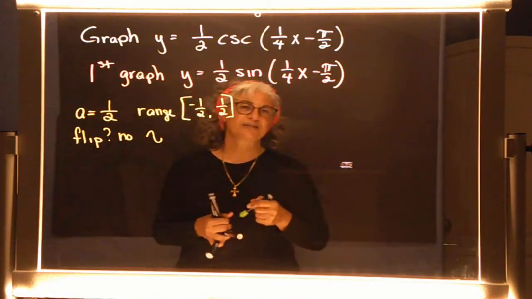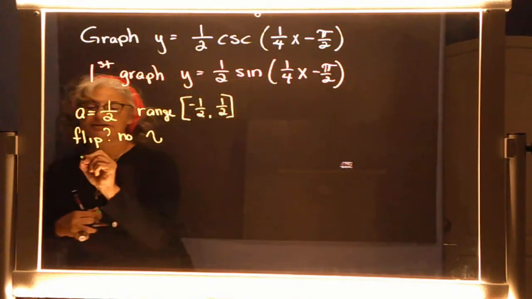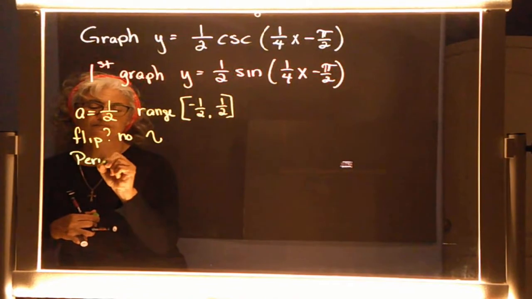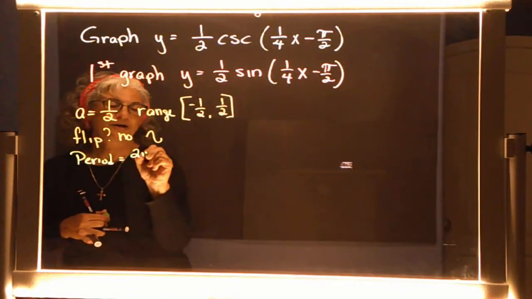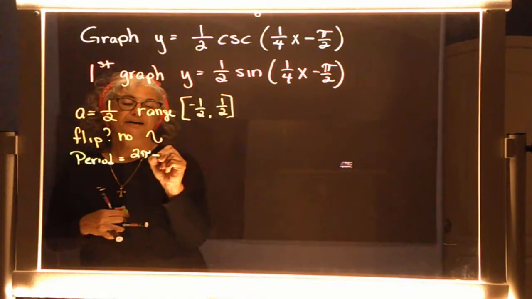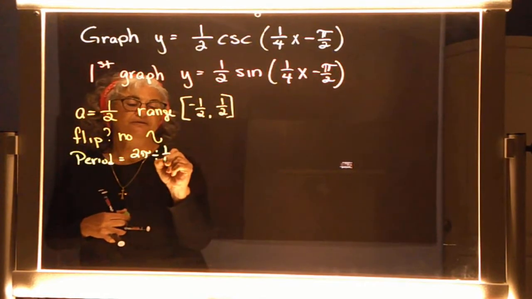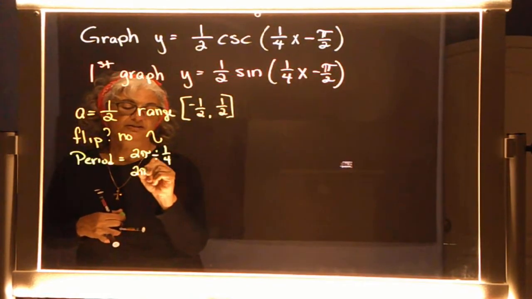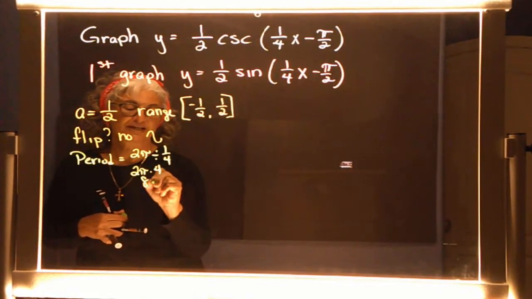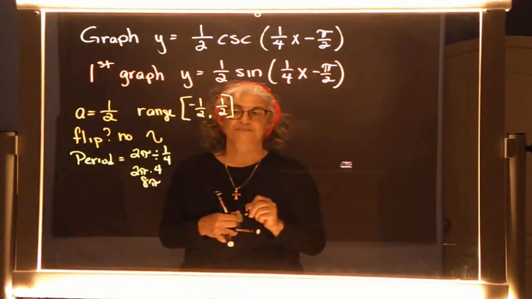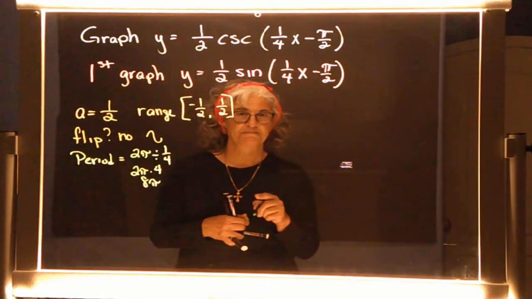What's the next thing we identified? Period. And that's going to be 2 pi divided by, that's right, 1/4, which is basically 2 pi times 4, which is 8 pi, isn't it? What do you find after the period?